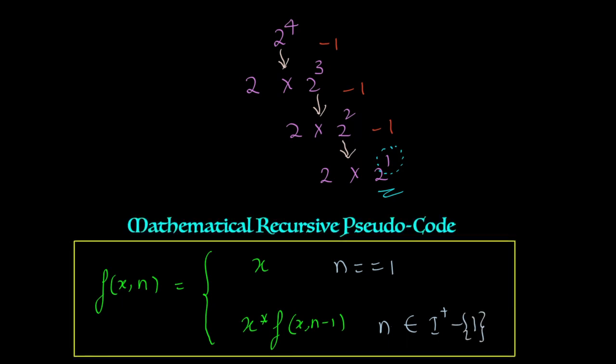So this is a mathematical representation of a recursive algorithm, and this is known as recursive pseudocode, which is very necessary before you start to code. You need to write down the mathematical representation for every recursive algorithm before you start coding, and then code in your language of choice.